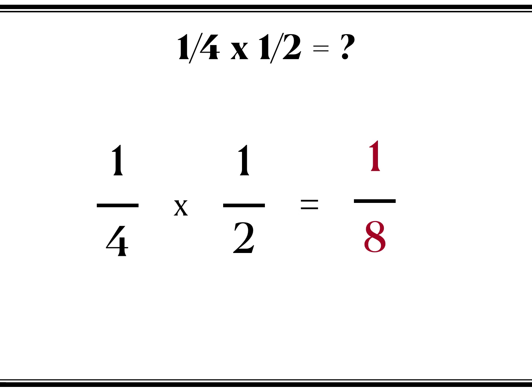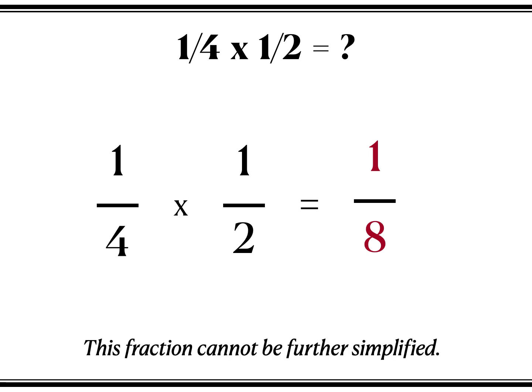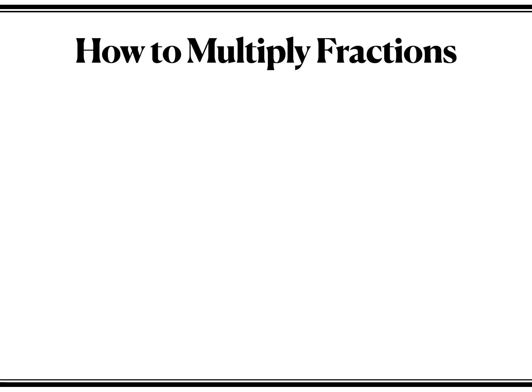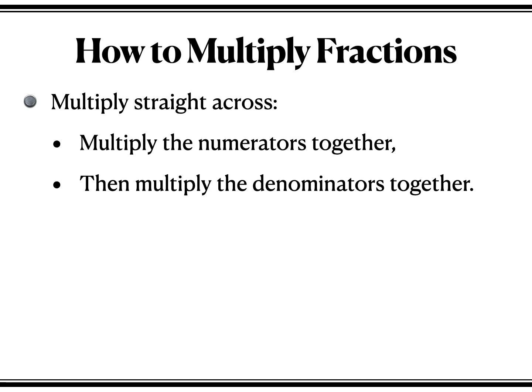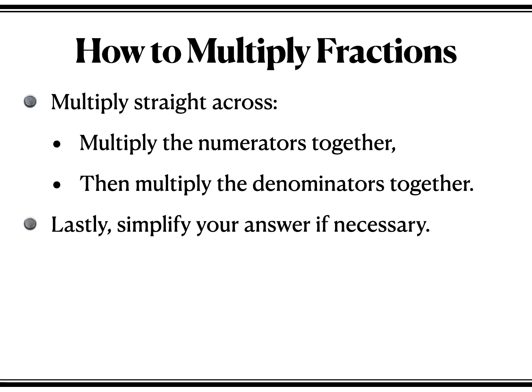So 1/4 times 1/2 equals 1/8. This fraction cannot be further simplified. So again, you multiply straight across, multiply your numerators together, then multiply your denominators together. Lastly, simplify your answer if necessary.